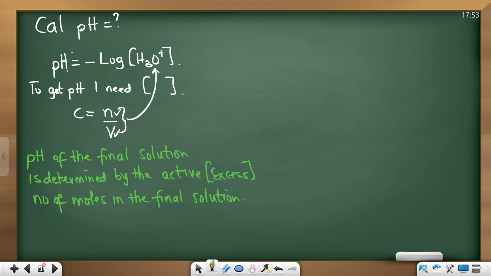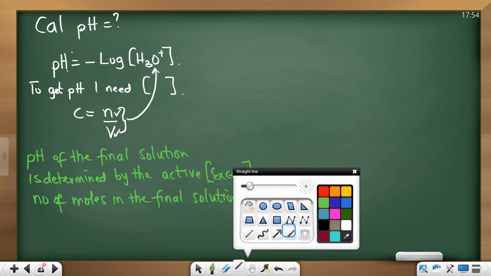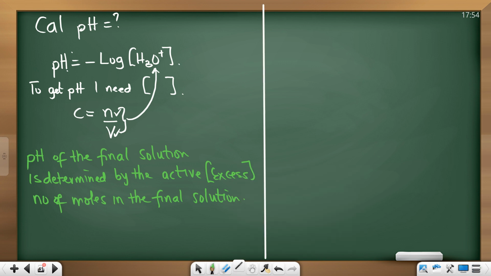What determines the pH is the number of moles in the final solution. Remember, the question says pH of the final solution. So what determines that is the number of moles here. This number of moles is what will determine the pH. I need your response on that statement.